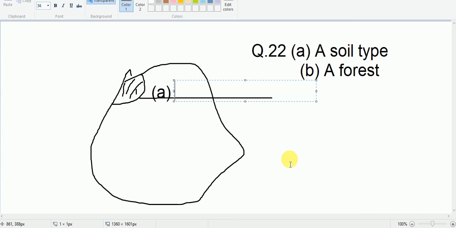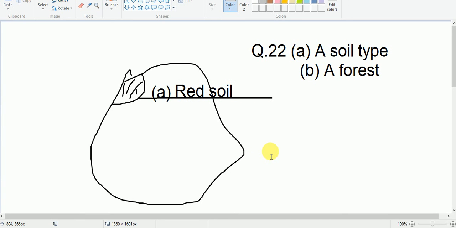This is what we call identification on the outline map of India or world. For history it will be world. For geography it will be identification on the outline map of India. Let us say a soil type. Let us suppose that the soil type is red soil. So you must write the answer directly on the line, on the map itself.